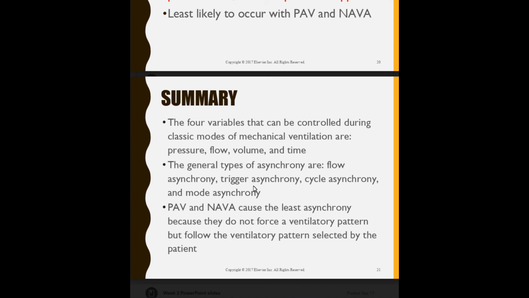We want that sensitivity, pressure or flow, depending on what you set, to be close, or maybe 1 or 2 below their baseline. So that would help trigger the ventilator.